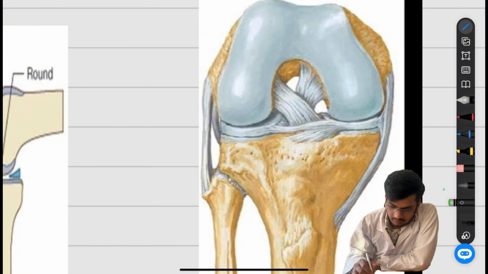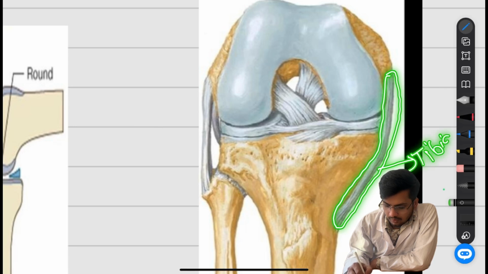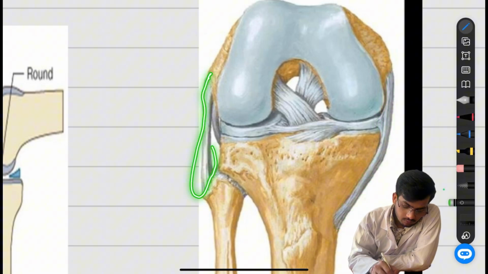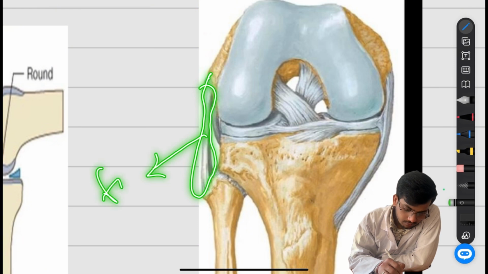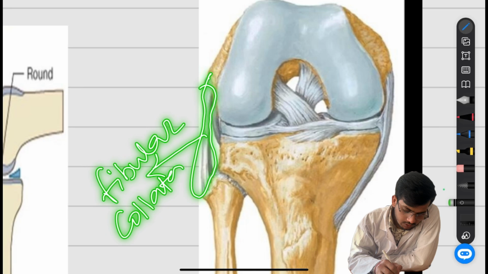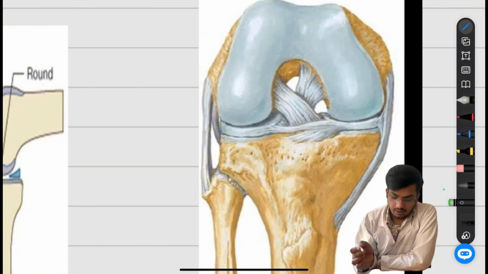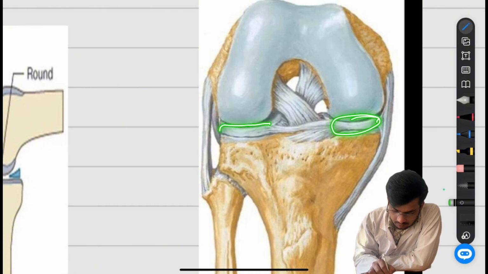You can see this is your tibial collateral ligament, and this is your fibular collateral ligament. Then you can see we have two menisci. This is your medial meniscus and this is your lateral meniscus.